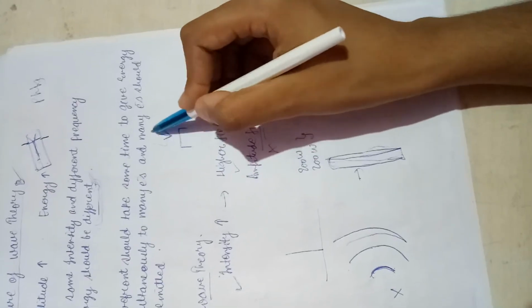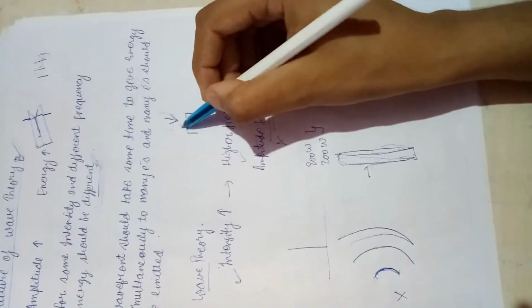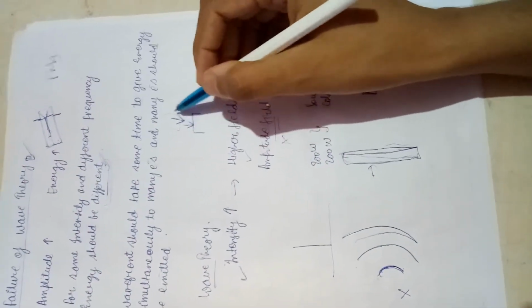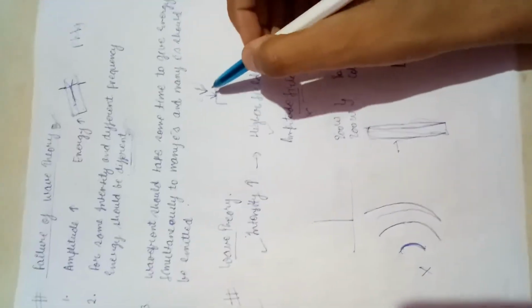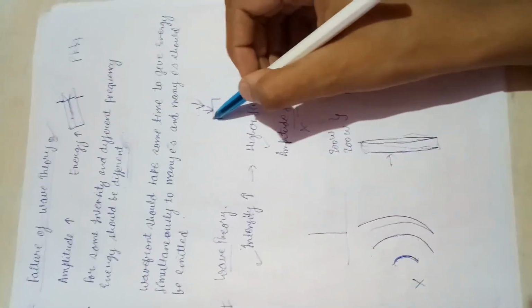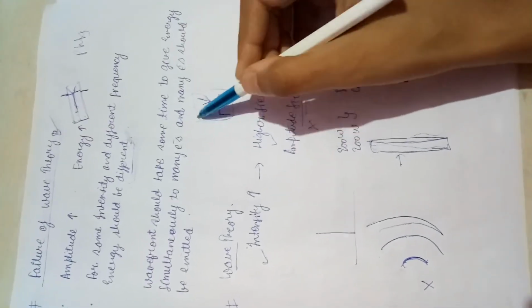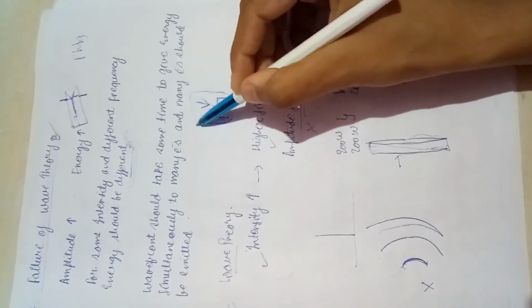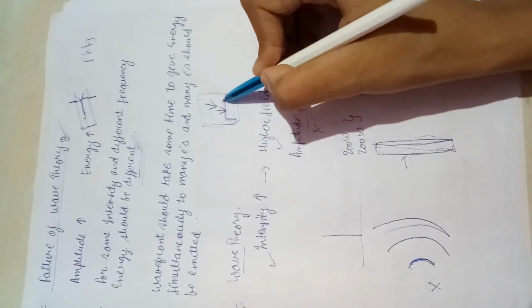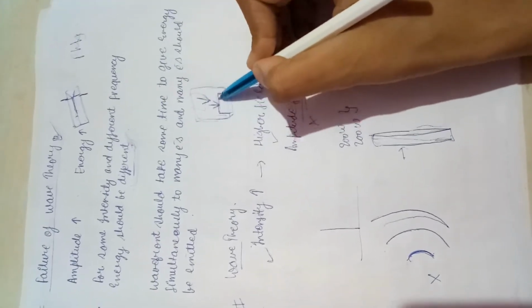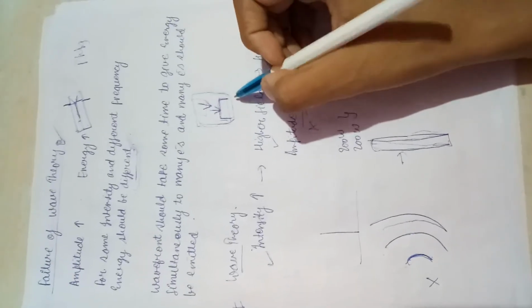First of all, the wave was traveling in vacuum, then it strikes a metal surface, so the nature of the wave changes. When the nature of the wave changes, it will attain some particle properties also. Why? Because it is striking a material surface, so it will have some properties of the material.